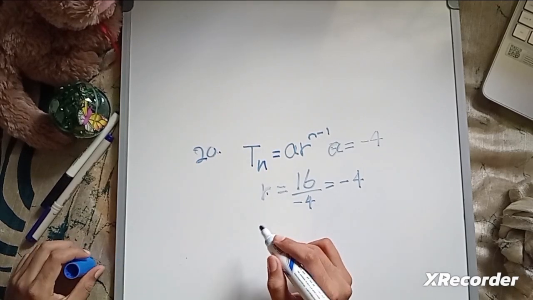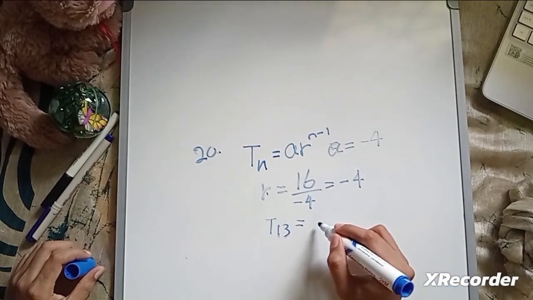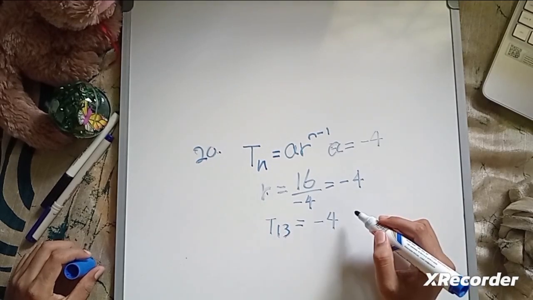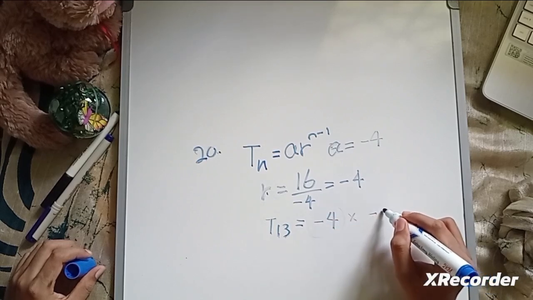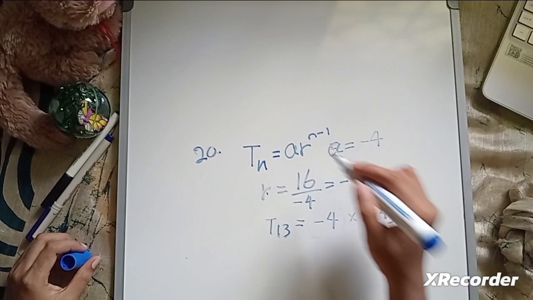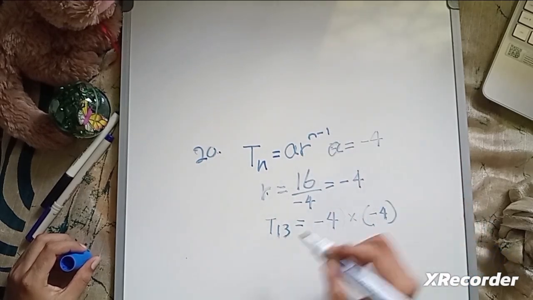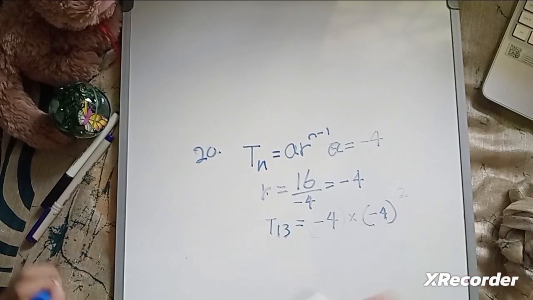Then we can write the 13th term as minus 4 into minus 4 to the power, since n minus 1, it is 13 minus 1, so it is 12.